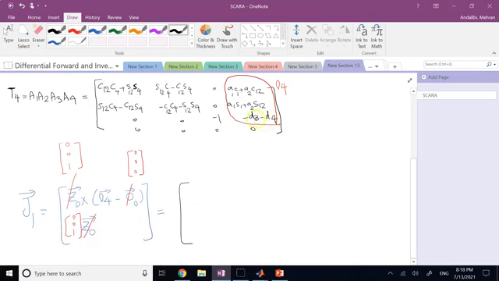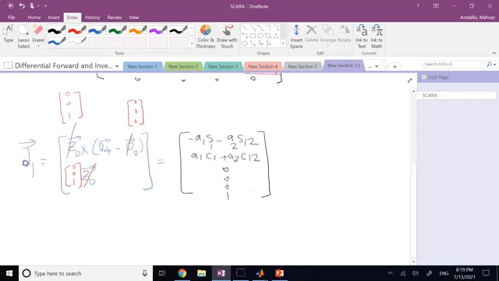So you're not going to get anything out of K cross K. So you will get, as I said, negative A1 S1, negative A2 S12, A1 C1 plus A2 C12, and 0, that is for the top part, and the bottom part is simply 0, 0, 1. So that is the first column of your Jacobian.